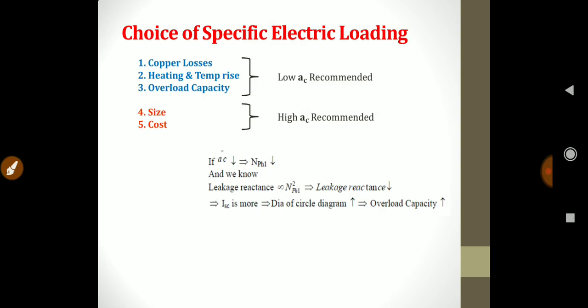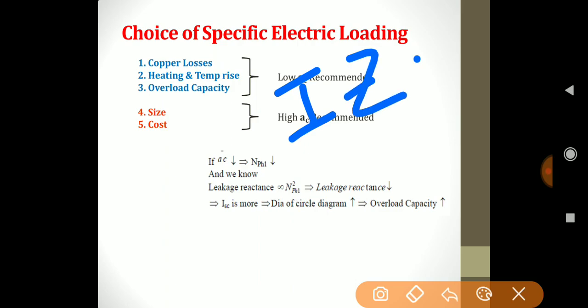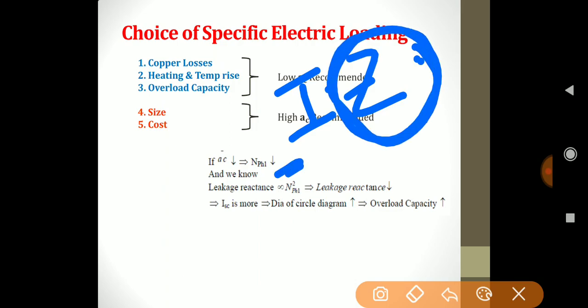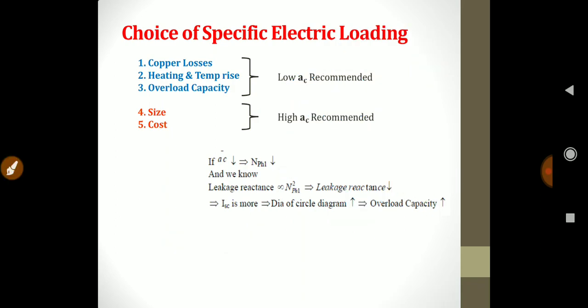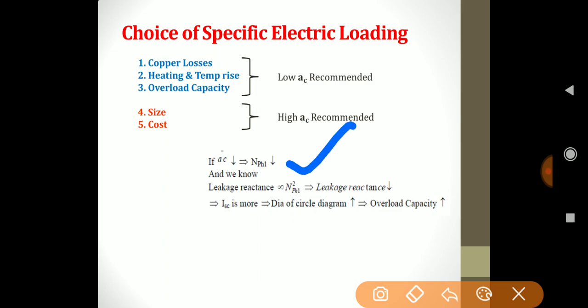Further, I can say if AC is less, it means ampere conductors, Iz, are small. Ampere conductors being small means number of turns is small. So if AC is less, number of turns, represented here as NPH, is small. And we know leakage reactance from the circle diagram is proportional to square of number of turns.